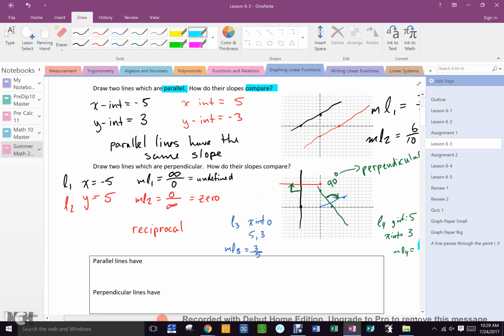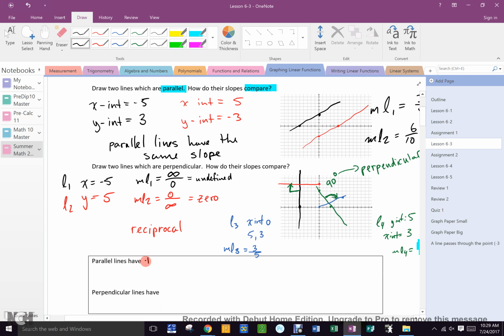Parallel lines are really easy. Parallel lines have the same slope. Now, that's a real simple concept, yes? But let me remind you of all that means. That means the m of line 1 equals the m of line 2.